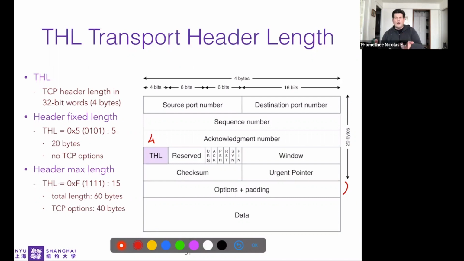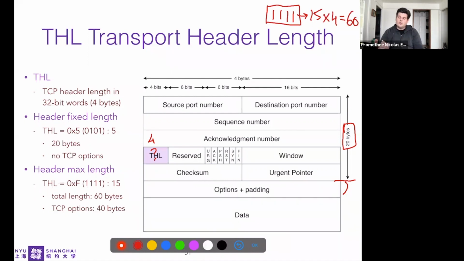And what does that 4 mean? You see that without options, we already have 20 bytes. So how can I put this value here? What we have here is the number of 4-byte words in the header. If I have the maximal value on 4 bits, 15, and those are the number of 4-byte words, then times 4 equals 60.